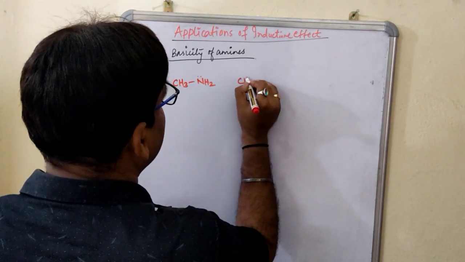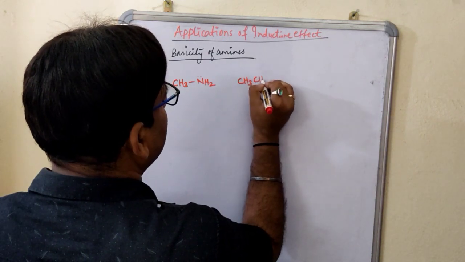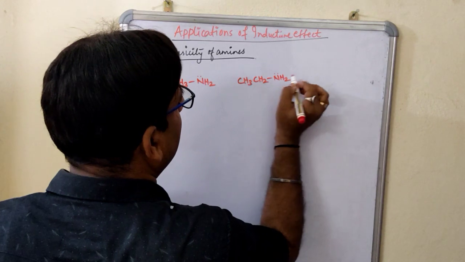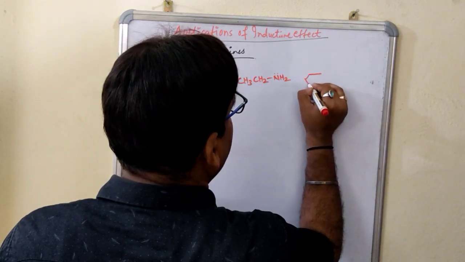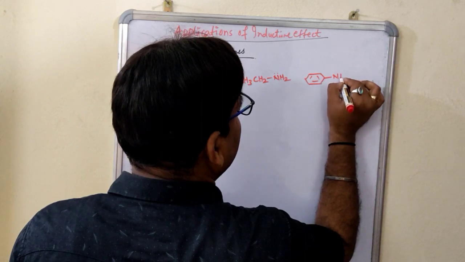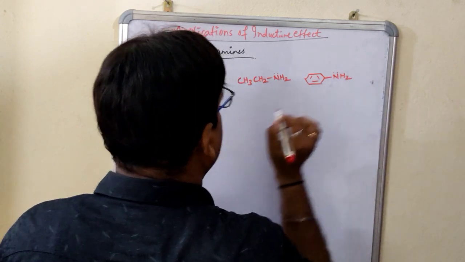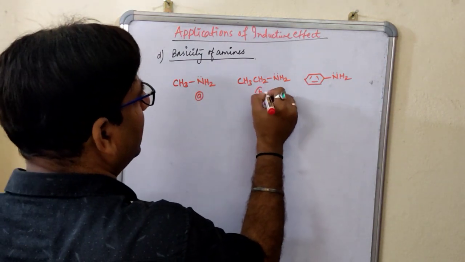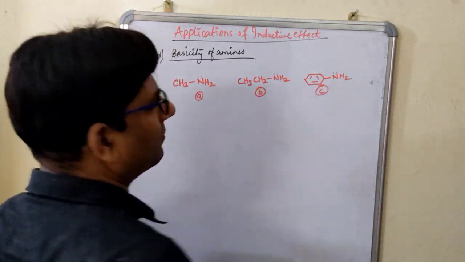Another example I am taking is CH3CH2NH2. And the third example I am taking is C6H5NH2, with the phenyl ring. This is A, this is B, and this is C.